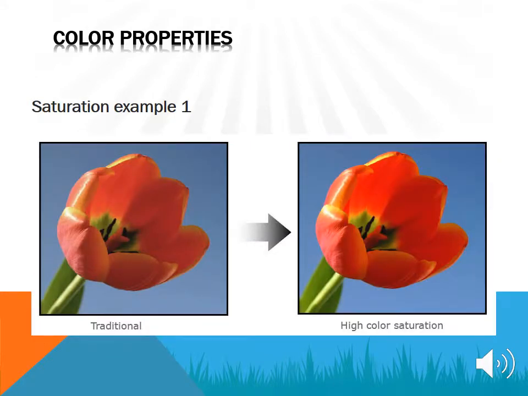We can see an example of how saturation can enhance the color of the object. For example, the one on the left is traditional, and the one on the right is a high color saturation. That means you can see the flowers are brighter, more intense in the picture than the left one.